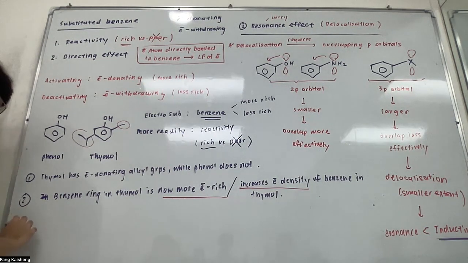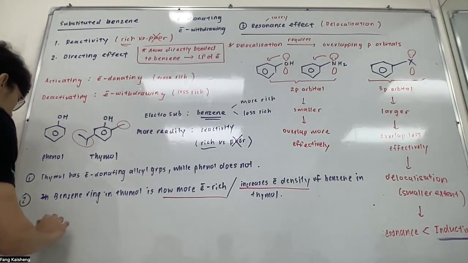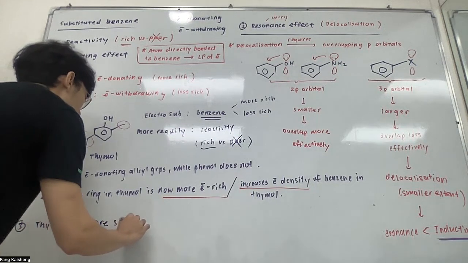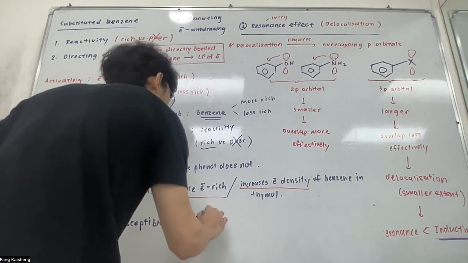So for the third point, unfortunately, we can't just write, oh, it reacts faster. There's a phrase that we need to follow. That means thymol is more susceptible to electrophilic attack.